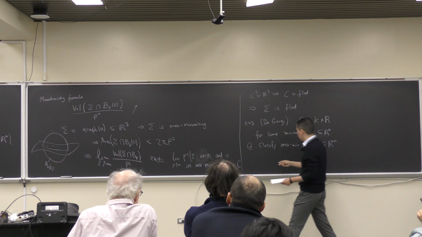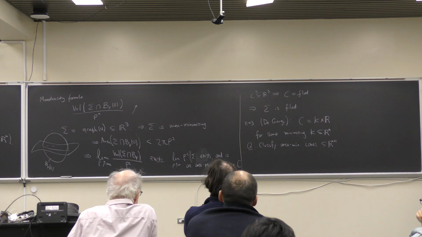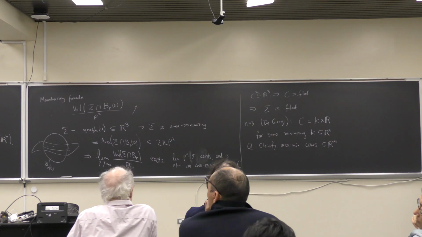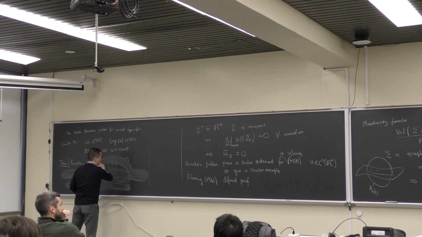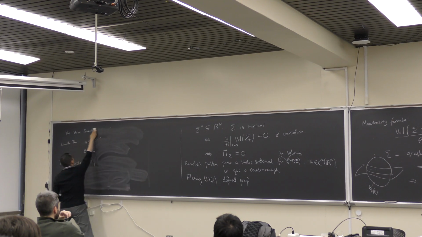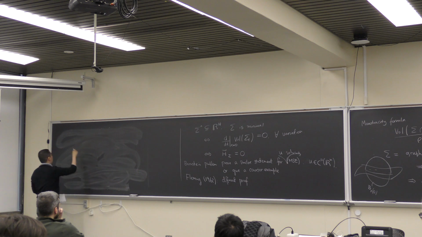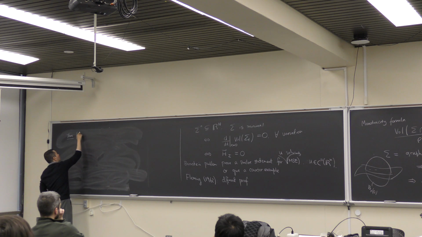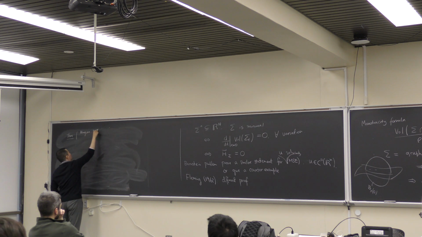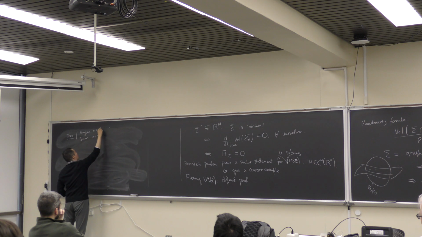So then basically this was done in a famous paper by James Simons. Let me just write down the theorem. This is when Almgren first did it for n less than or equal to 4, and then Simons when n is less than or equal to 6.